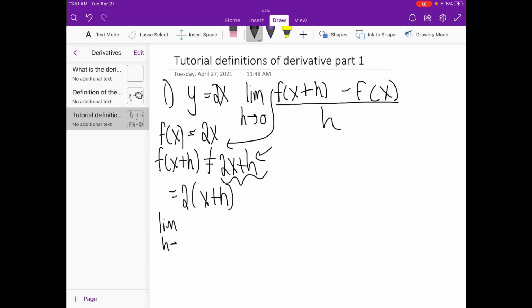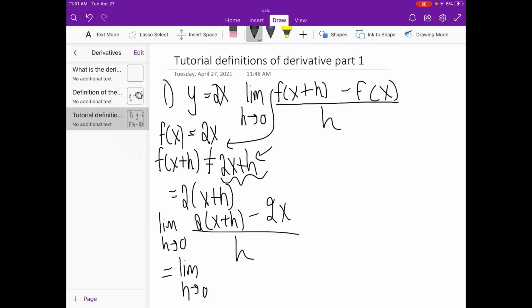Let's write this. And so we got f of x plus h is 2 times (x plus h), minus f of x, which is just 2x, all over h.